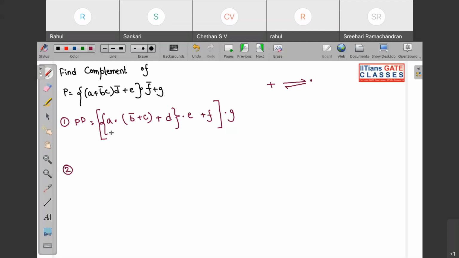Second step is to take the complement term by term of the dual function. Each of the variables you need to complement. So if I take the complement: A complement dot (B plus C complement) plus D complement dot (E complement plus F complement dot G complement).